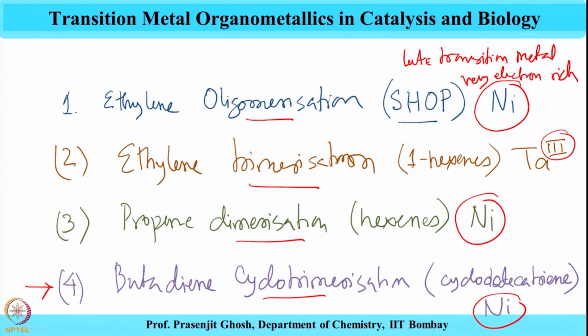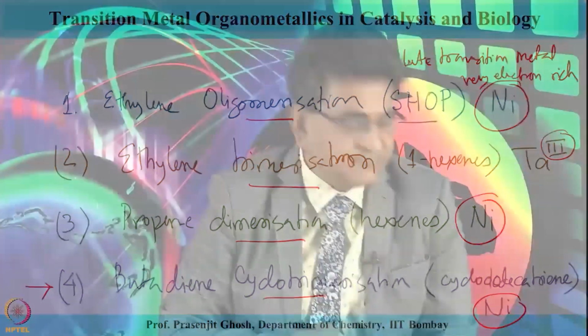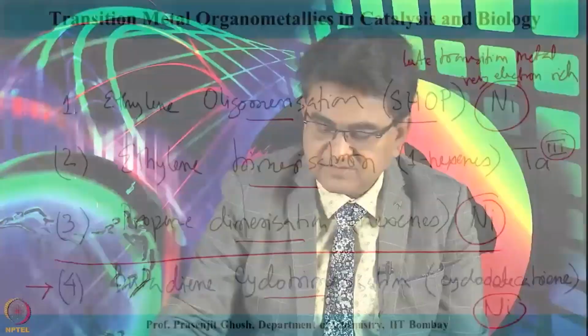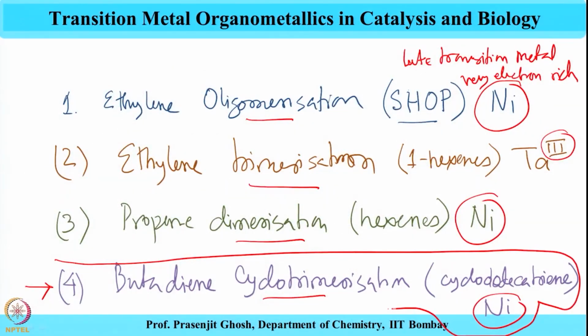So it is not really very electron deficient as it would have been in the plus 5 oxidation state. Now, with that, we are going to focus today's discussion on this butadiene cyclotrimerization reaction and look at the various ways that it forms.